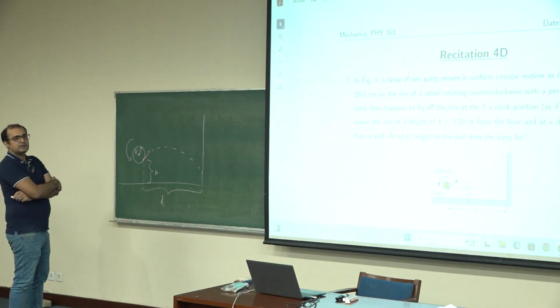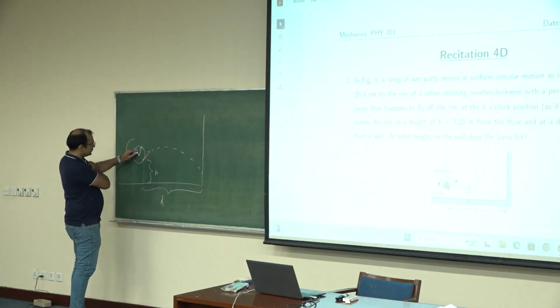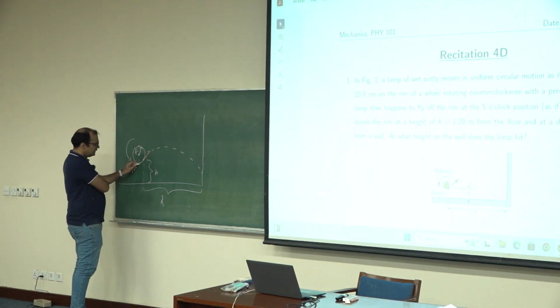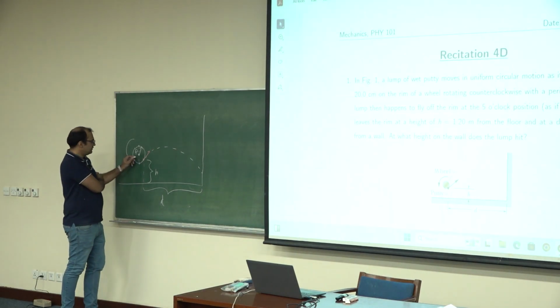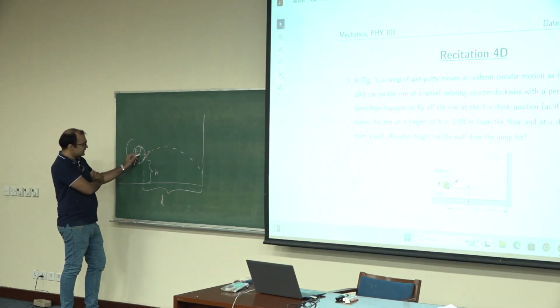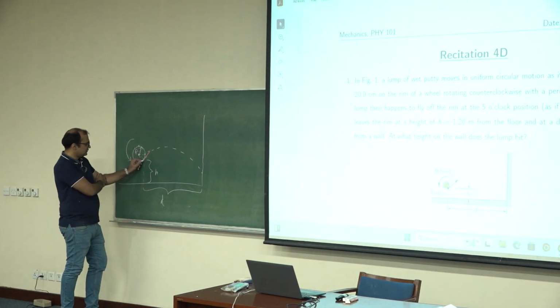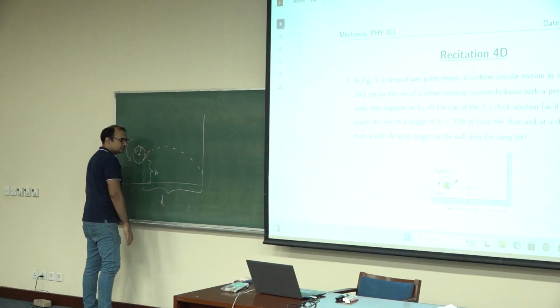What does that mean? This is the 12 o'clock position. This, vertically below, is the 6 o'clock position. What's this position? 3 o'clock position. There's a 4 o'clock position, there's a 5 o'clock position. This is supposed to be 5 o'clock, so let me redraw it.